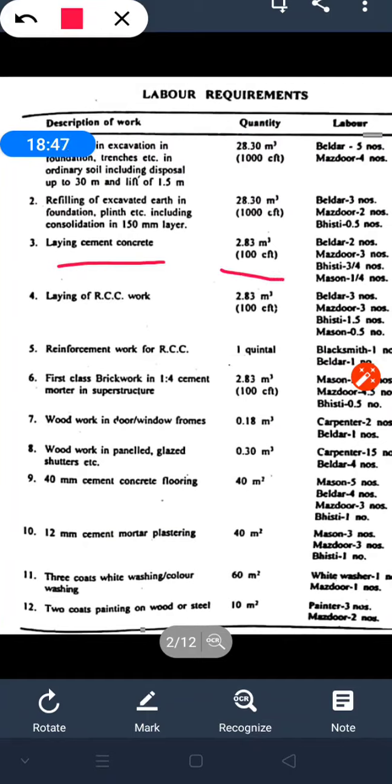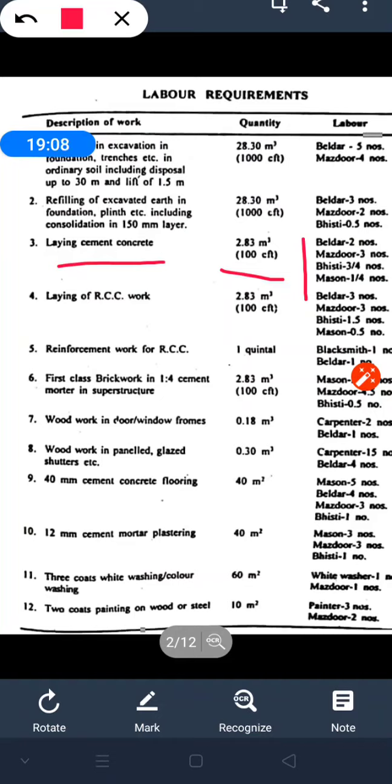For 2.83 meter cube we require this much labor: 2 numbers of beldars, 3 numbers of mazdoors, 3 by 4th of bisti, which is the water carrier, and mason equals 1 by 4th. This is for 2.83 meter cube, but here our work is for 10 meter cube.